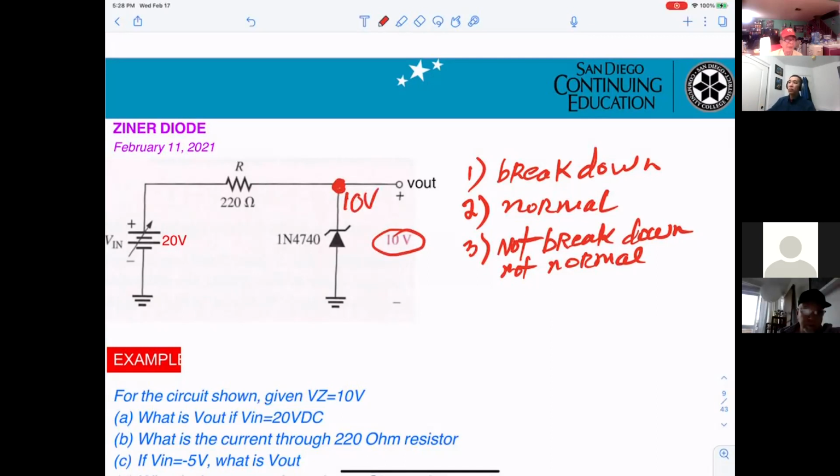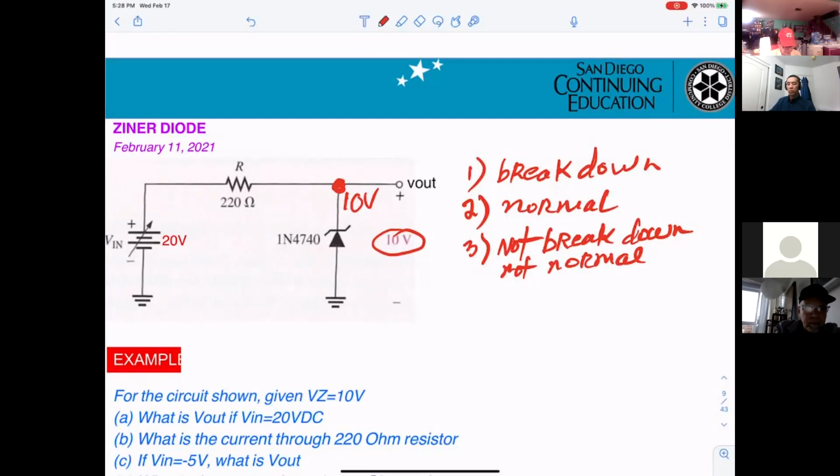That's why it's used in most power supplies. Say the power supply should give 5 volt. We want to guarantee the output of the power supply is 5 volt, so we put in a Zener diode with VZ equal to 5. No matter what, if it's more than 5, it breaks down to 5 volt only.